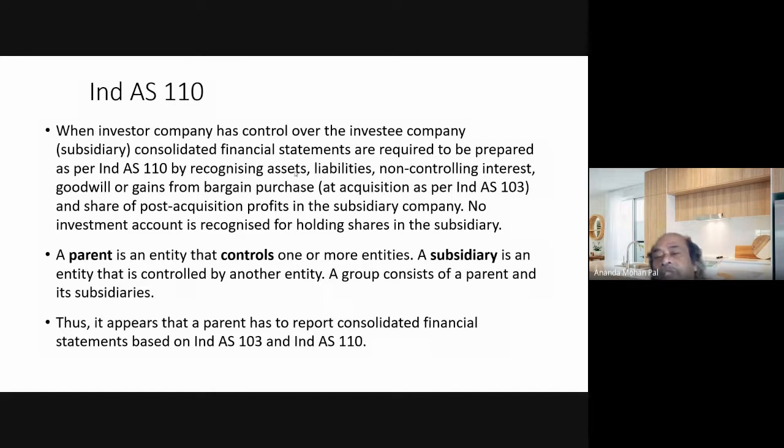No subsequent changes should be incorporated on goodwill or gains from bargain purchase. That is what is meant here. And share of post-acquisition profits in the subsidiary company would be in the consolidated balance sheet.